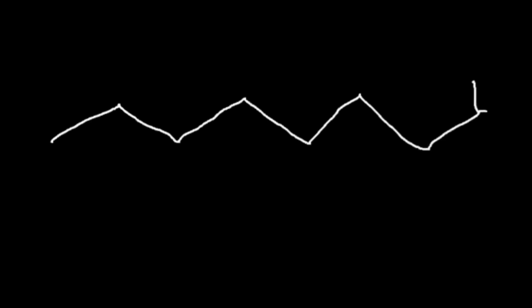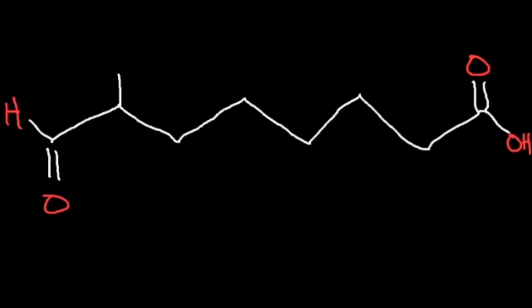Let's try another example like that. So this time we have a carboxylic acid and an aldehyde. Both groups are always at the end, but the carboxylic acid has more priority than the aldehyde. So the carboxylic acid will be associated with the parent chain of the molecule.